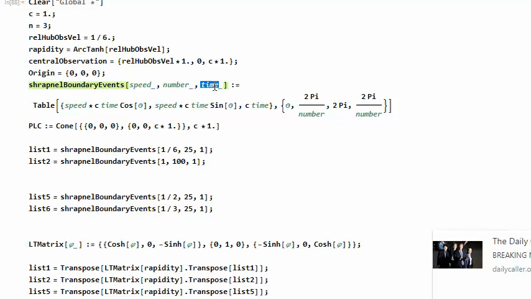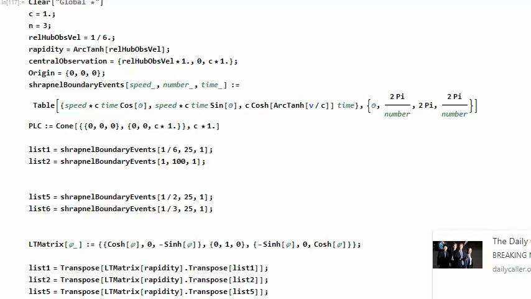The time was given in coordinates of the origin at x equals 0, and the main thing to apply here was cosh of the rapidity, which would be arctanh of v over c.